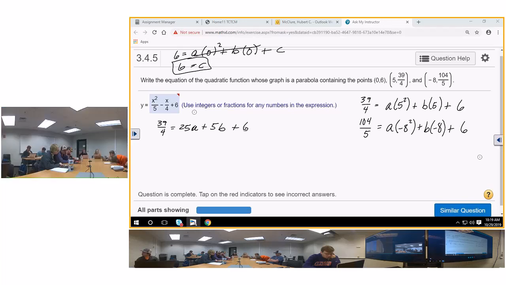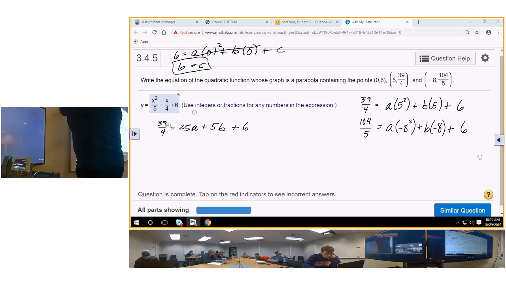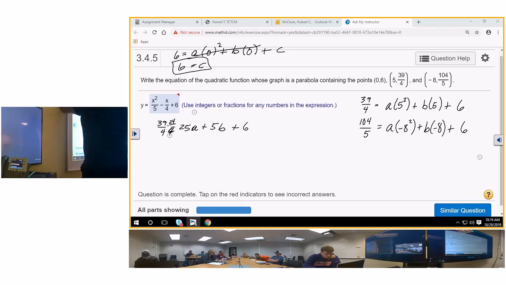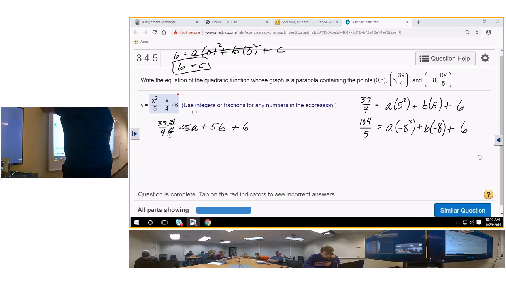So I'm going to minus 24 over 4. What's 24 divided by 4? 6. And what's 39 minus 24?